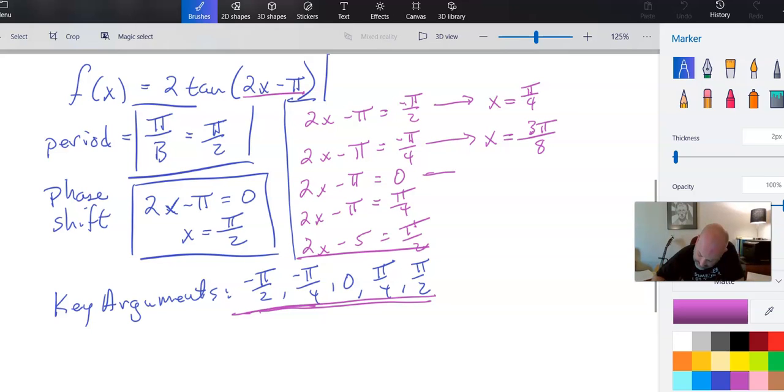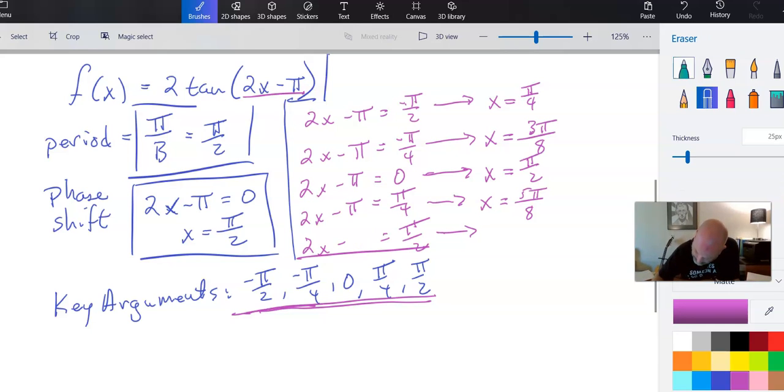And then the 0 we actually already did, right? The 0 was pi over 2. And then over here, now we have the positive values. So if I go ahead and add pi to that, that's 5 pi over 4, so this ends up being 5 pi over 8. And this last one, if I do that, that's 3 pi over 2, so that's 3 pi over 4.